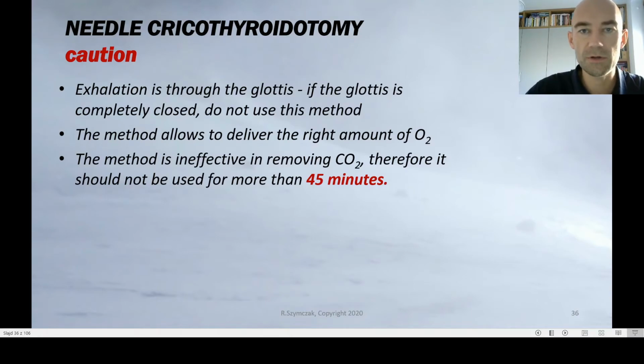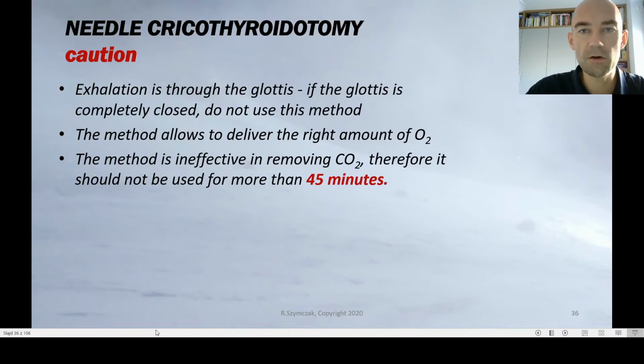And how to check it? If you would see that the chest is not, let's say, going down during the exhalation, but the volume of the chest is increasing, then you should stop providing the oxygen through this method.